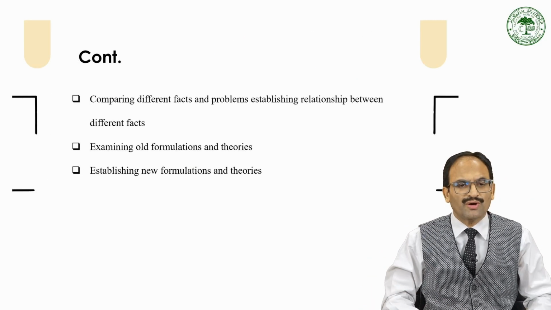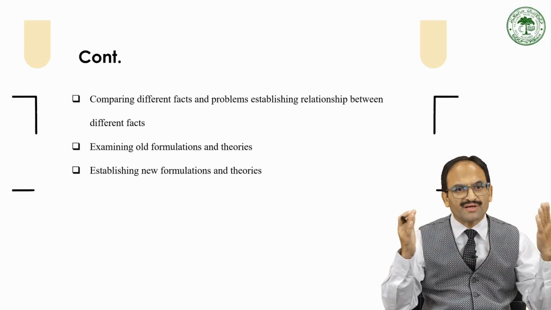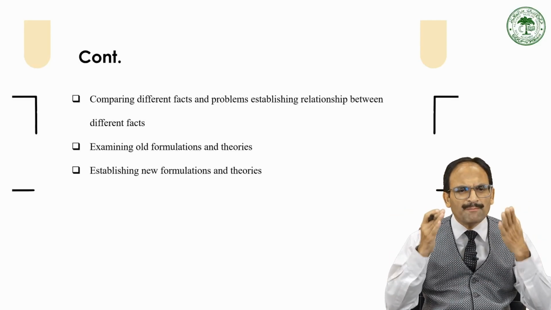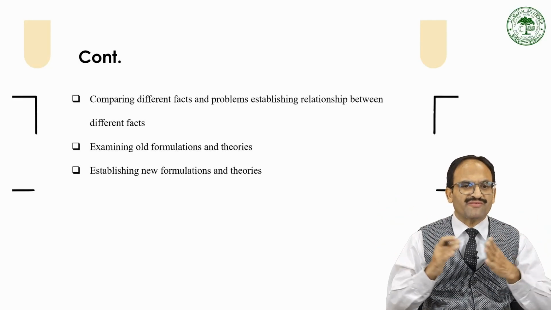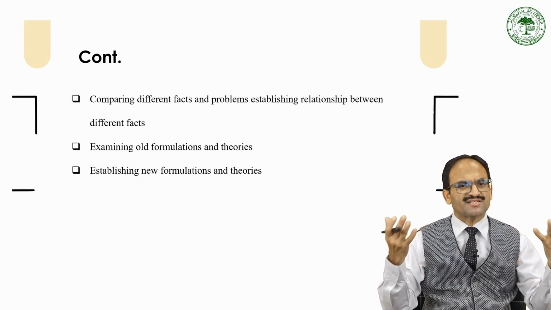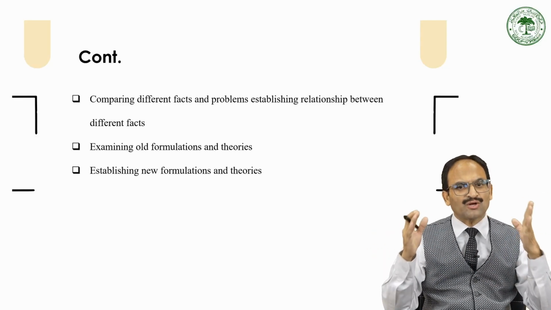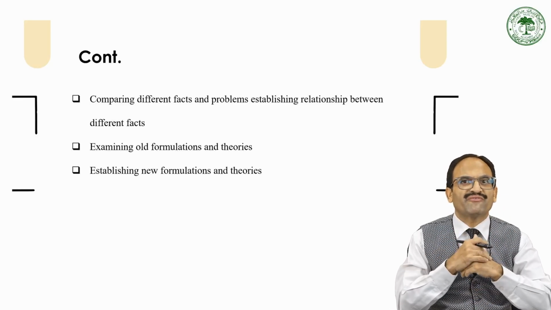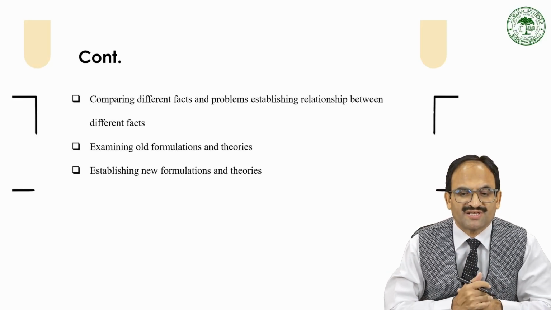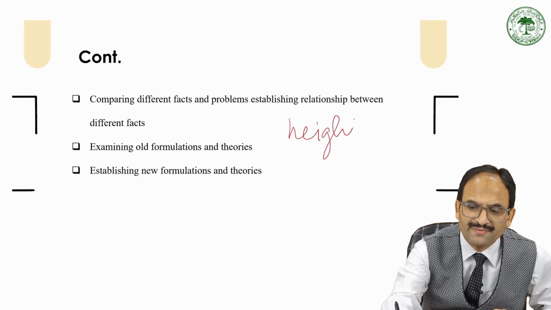Let us continue and discuss a few more characteristics of statistics. Comparing different facts and problems, and establishing relationships between different facts. Through statistics, many facts are compared, and not only compared, certain kinds of relationships between different facts are established. For example, height and weight.